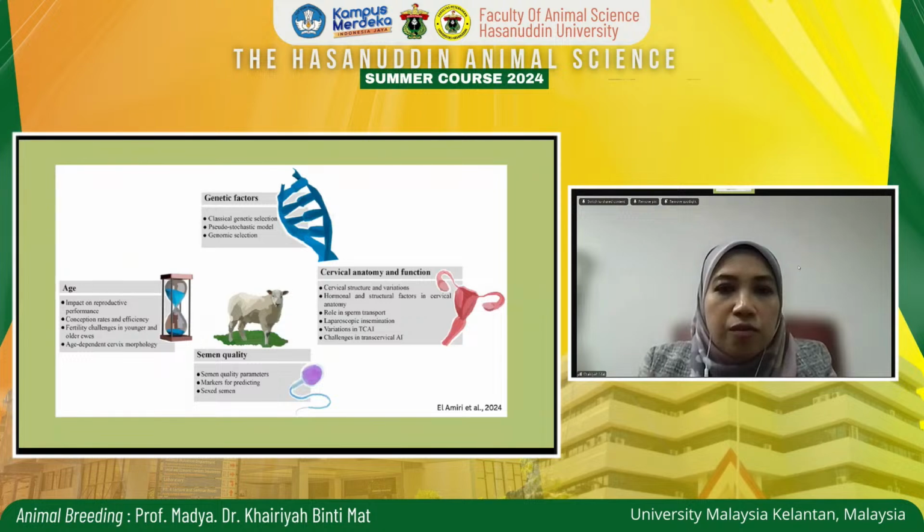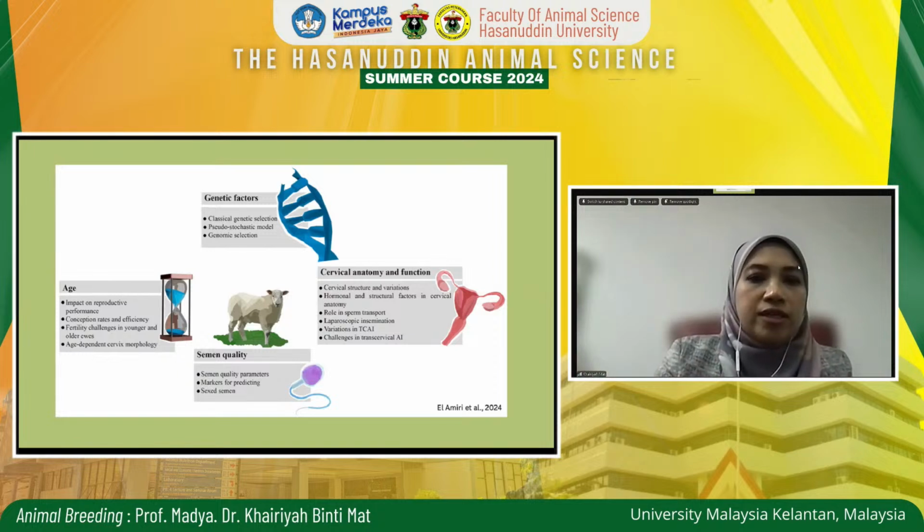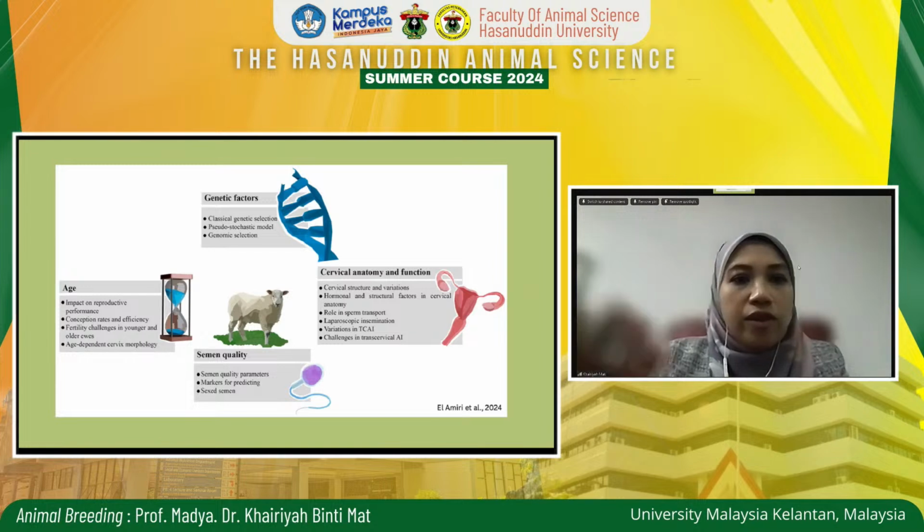So by knowing this, by having this information, we can combine it with the other information in terms of phenotypic or the performance of the animal, in terms of observation, for example, age, impact on the reproductive performance, the conception rate.